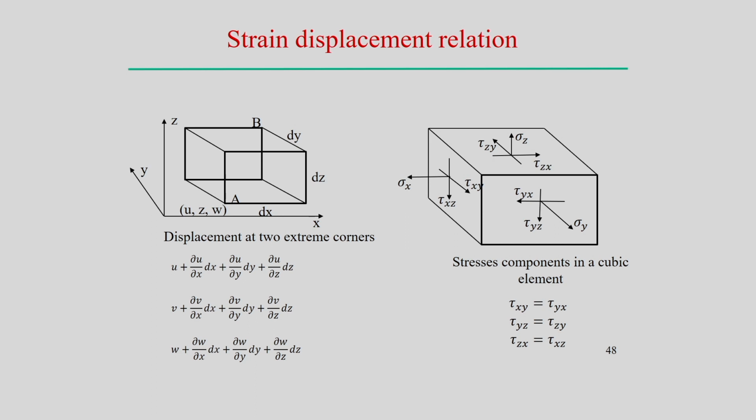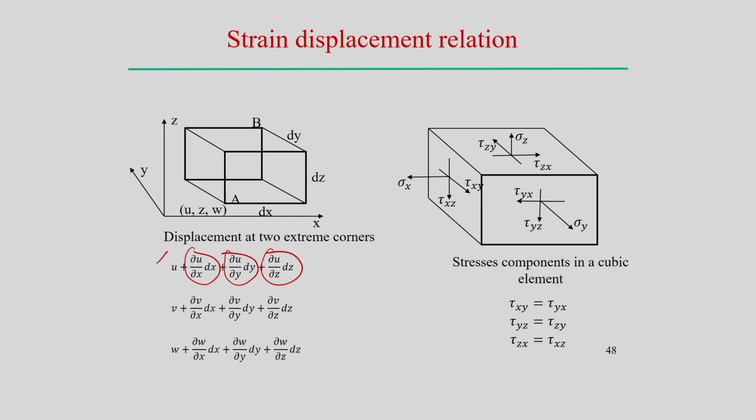We are assuming small deformation theory, so we are neglecting rotation and higher degrees of deformation. Then we can simply look at the displacement at the two extreme corners: u is the displacement field, then del u by del x into dx, del u by del y into dy, dz. Displacement at the two extreme corners can be represented like that, and then we look at how the displacement field can be related to the other components.